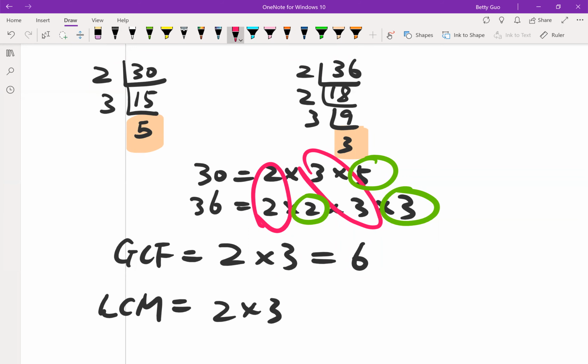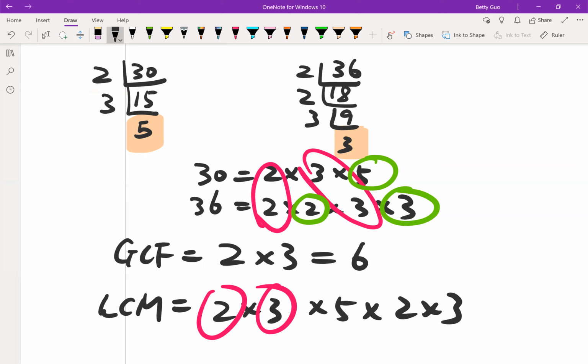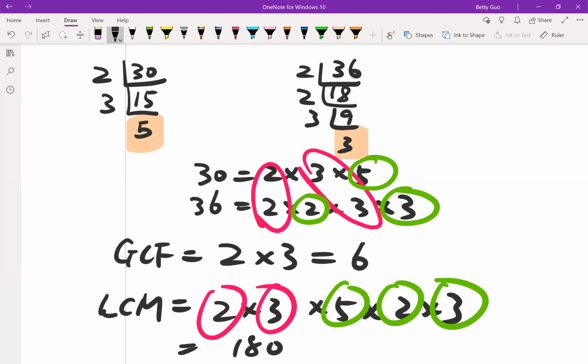So you see the red bubble, you do have two 2s and two 3s, but you only copy them once. And then copy the numbers in the green bubbles: 5, 2, 3. Multiply them all together, what do you have? The number is 180, okay?